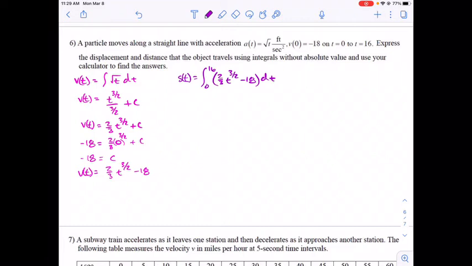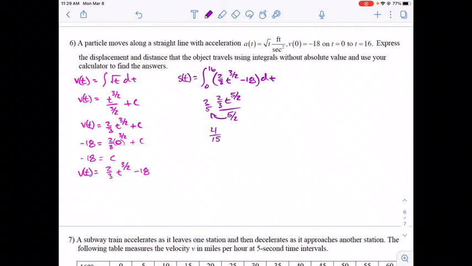So we have 2/3 here, and t to the 5/2 divided by 5/2, which is the same thing as multiplying by 2/5. So this becomes 2/5, and that gives us 4/15, so we get 4/15 t to the 5/2, minus 18t.